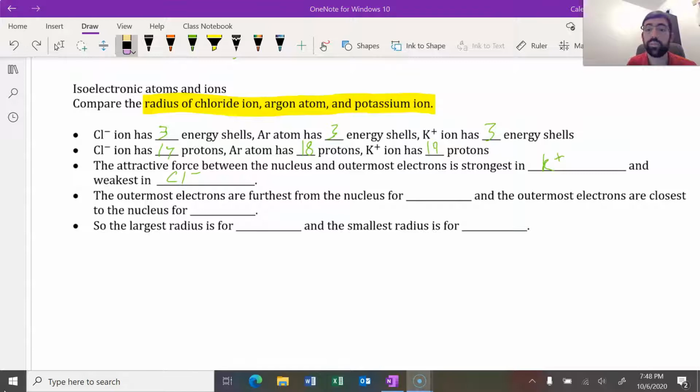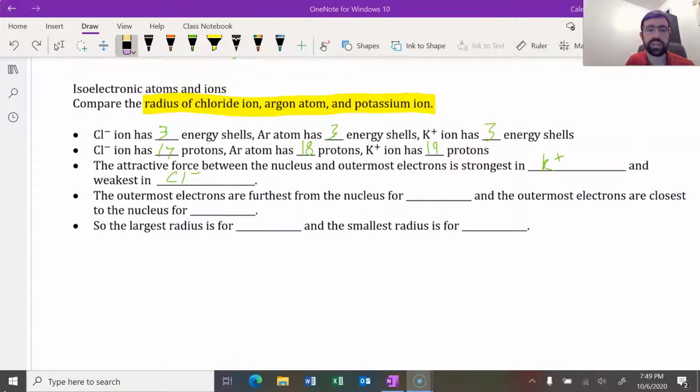And that's because potassium, the K+ ion, has more protons than the chloride ion, with just 17 protons, but they all have the same number of energy levels and they have the same number of electrons. They have the same number of energy levels, that's the key point.